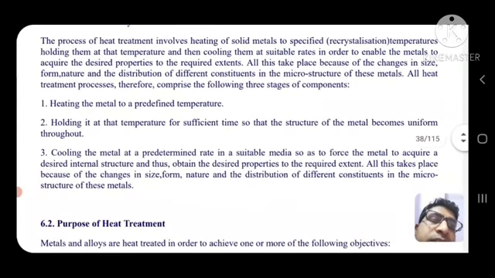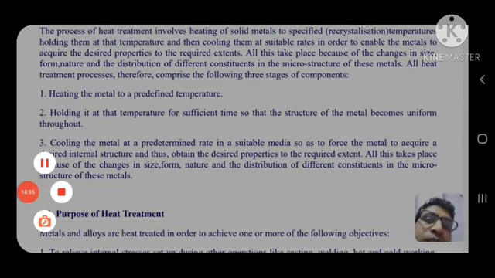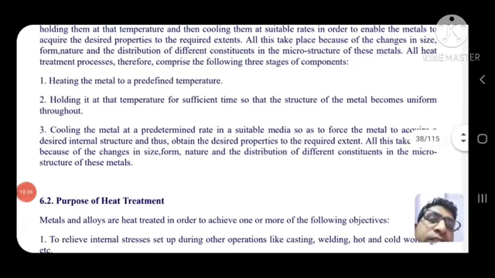All this takes place because of the changes in size, form, nature and distribution of different constituents in the microstructure of these metals.